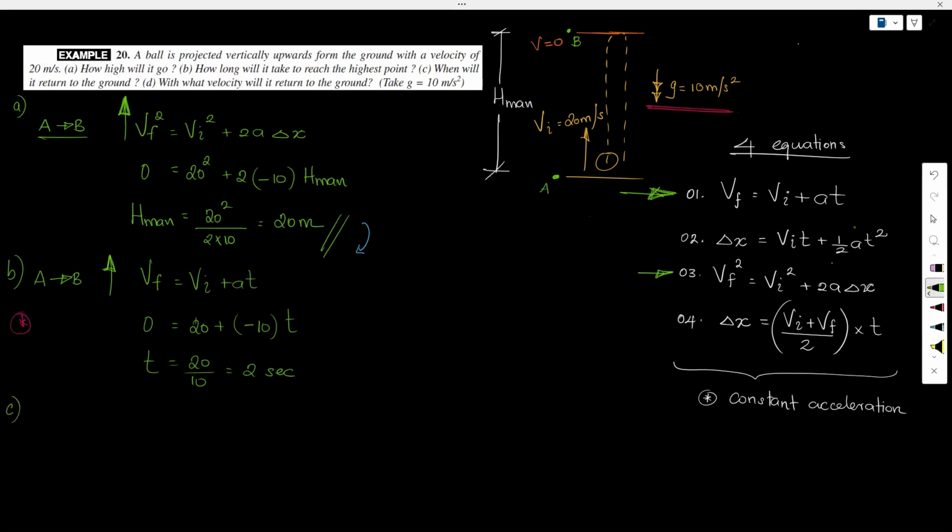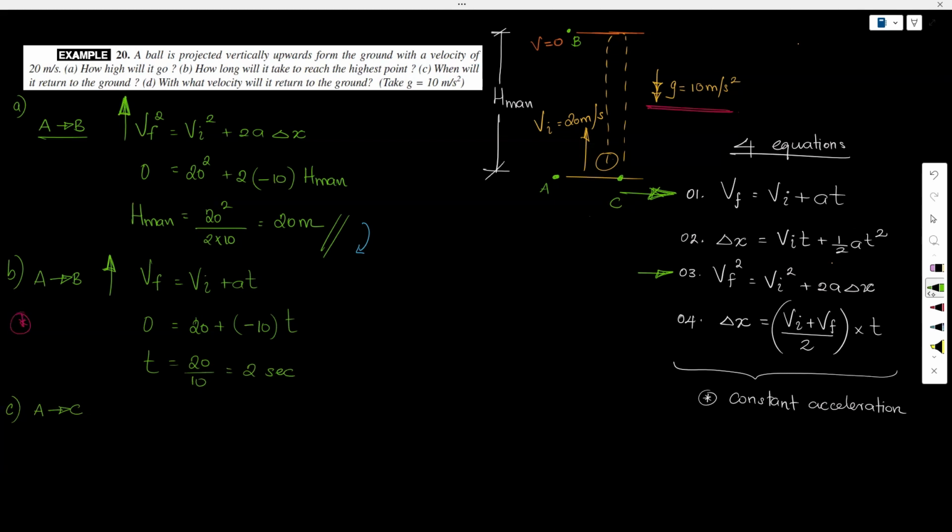The C part is when will it return to the ground, and I'm going to mark it as point C. So I'm now going to use it from point A to point C, going through point B as well.